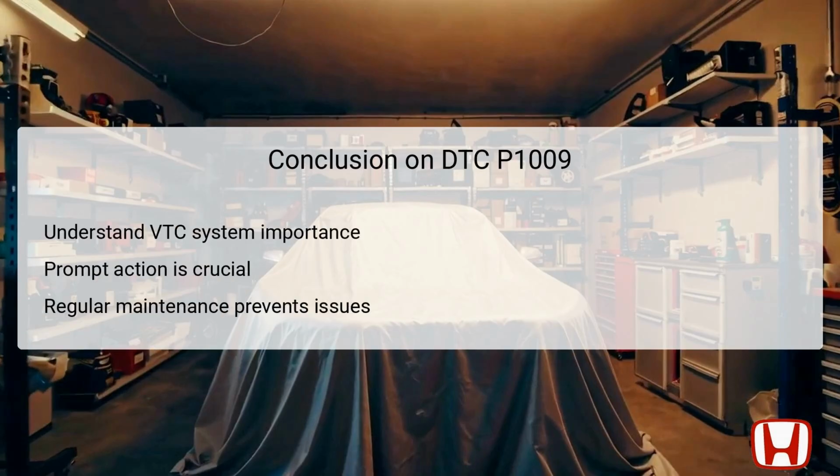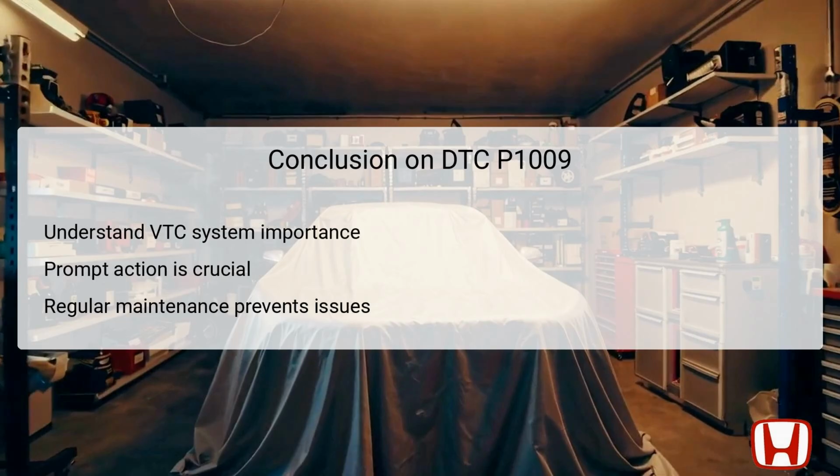In conclusion, understanding the significance of the VTC system in your Honda Civic is key to maintaining engine performance. The DTC P1009 highlights critical functions involving the variable valve timing control that, if neglected, can lead to poor engine efficiency and potential damage.